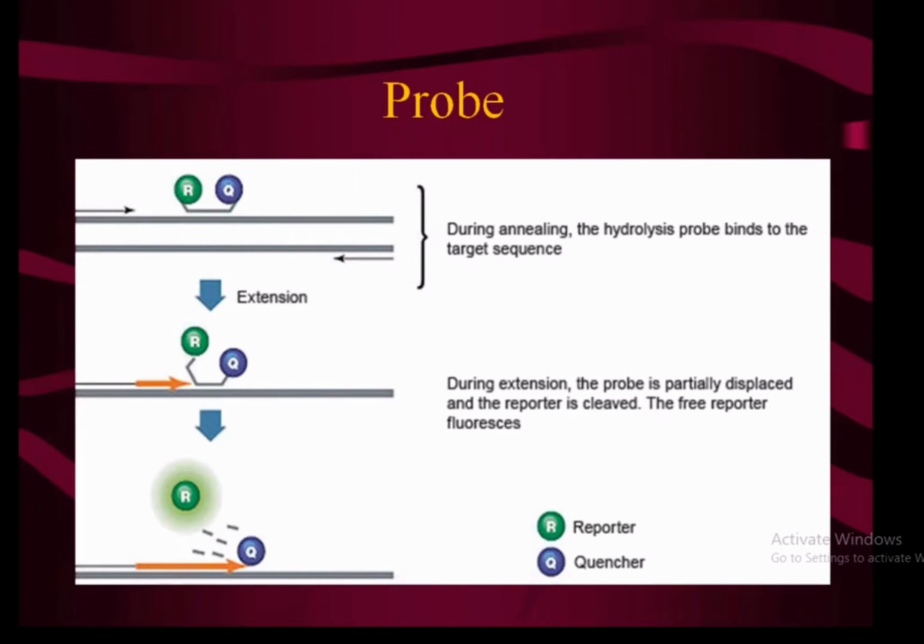Because of the close proximity of the reporter and quencher dyes, the reporter dye is not able to emit fluorescence. The probe binds distally to the DNA segment, and when DNA amplification occurs, the DNA polymerase gradually releases the reporter dye, so the reporter and quencher get separated. Now the reporter dye can express fluorescence, and that is how we detect.